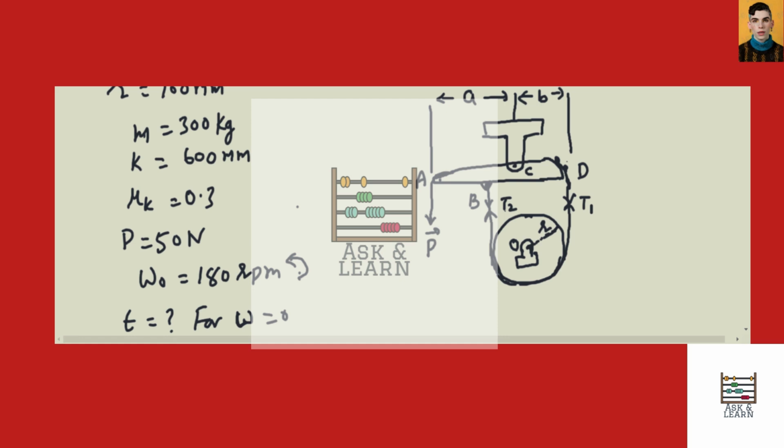A is 200, B is 160, so this distance will be 40 mm. Now all the values are in millimeter. The moment of force about point C must be 0.